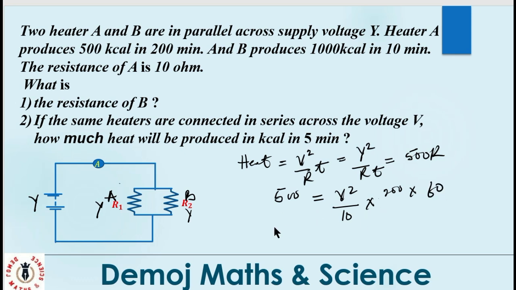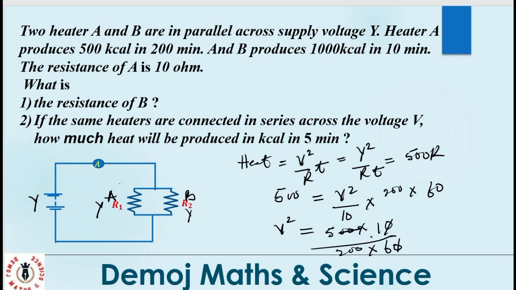Now to calculate my V squared, 500 will cross multiply by 10 over 200 times 60.